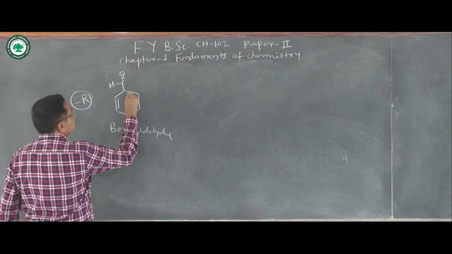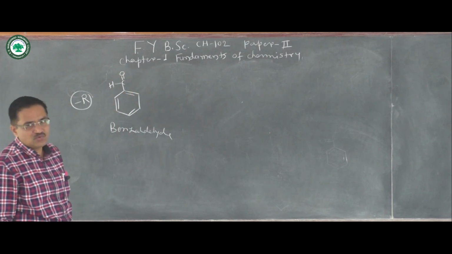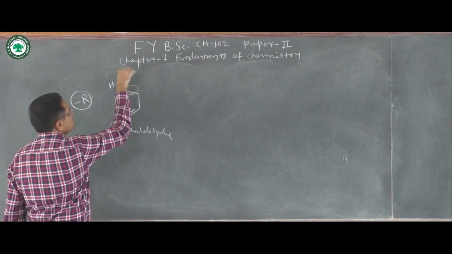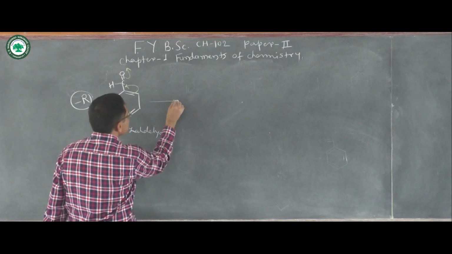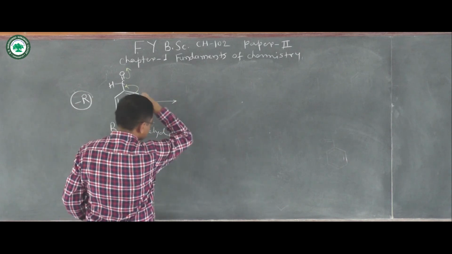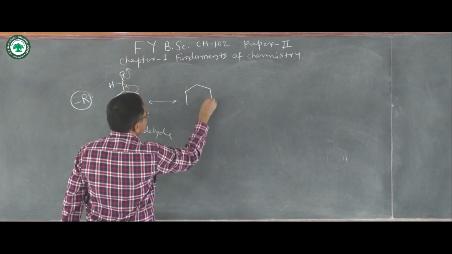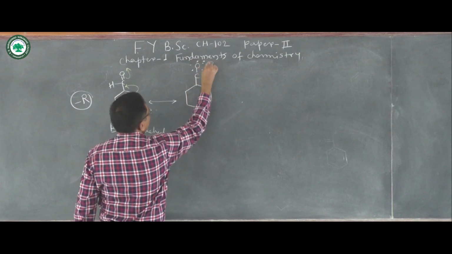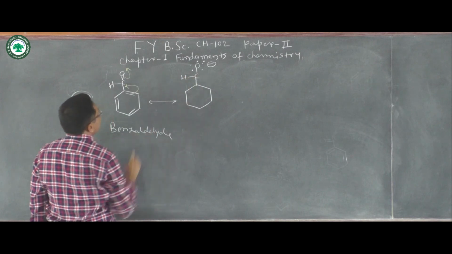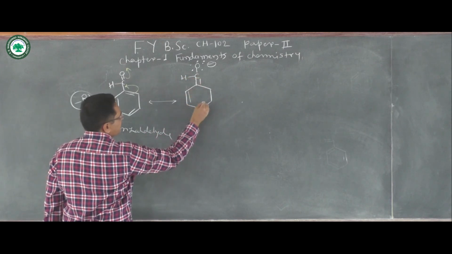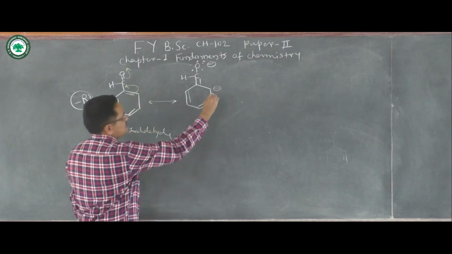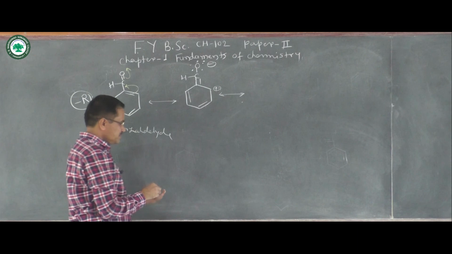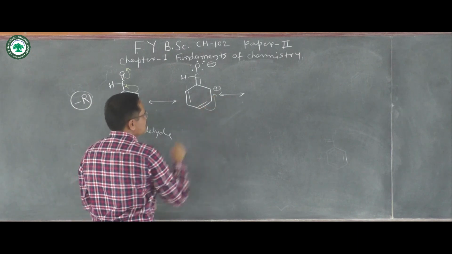Now here, due to the oxygen being more electronegative, here O negative, here double bond, and due to the electron deficiency it carries positive charge, and then we move this plus charge in the benzene ring.